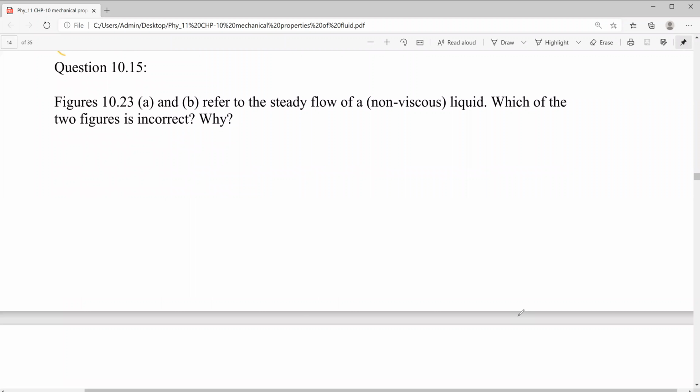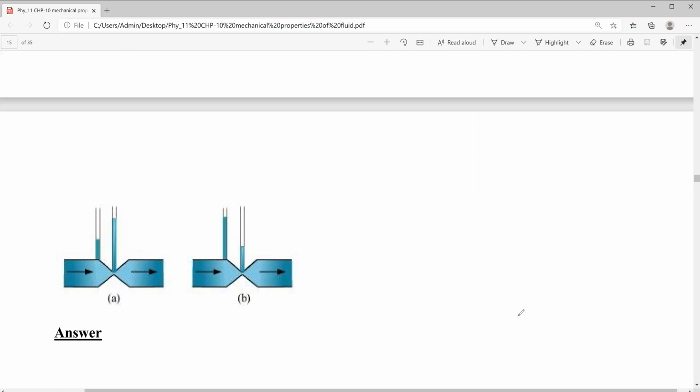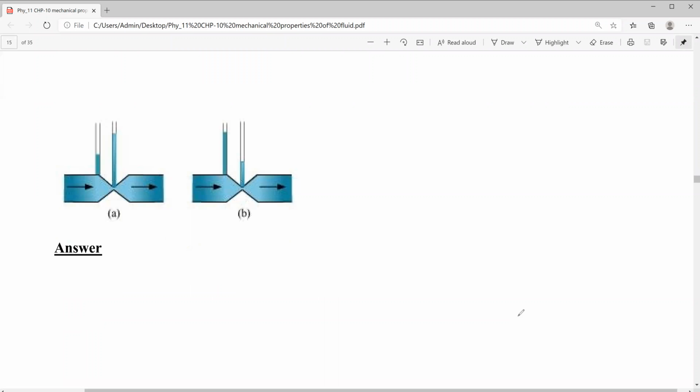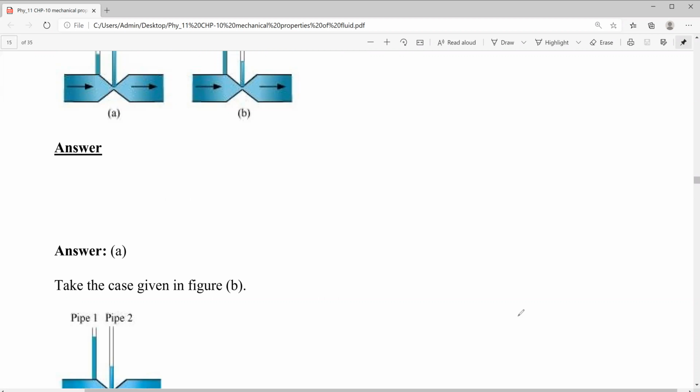So the next question is 10.15. They have given the diagrams A and B. A and B refer to steady flow of a non-viscous liquid; which of the two figures is right? This is based on a theoretical concept, and the answer for this is like this.